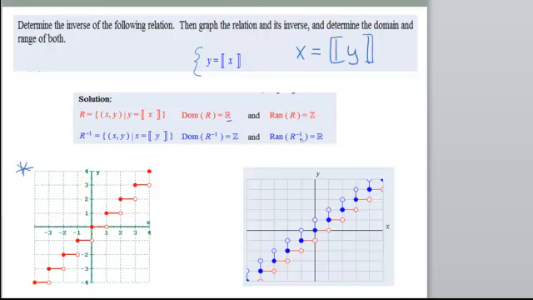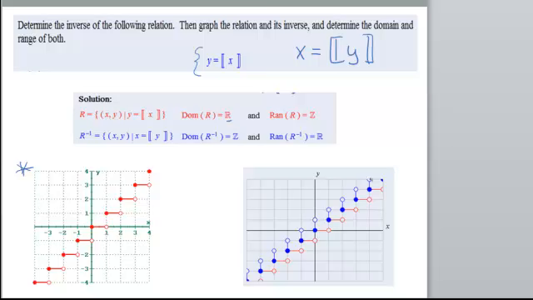Whenever you graph this one, you would take all of these little steps and you would flip them up. Do you see how that flips up? Every one of these just flipped up. So the blue part of this graph represents the graph of the inverse of the greatest integer function.